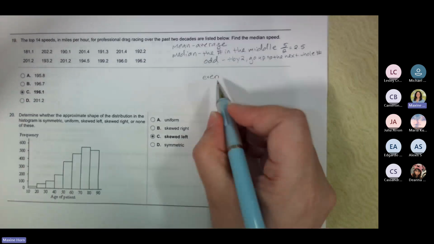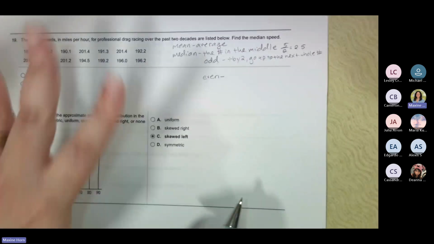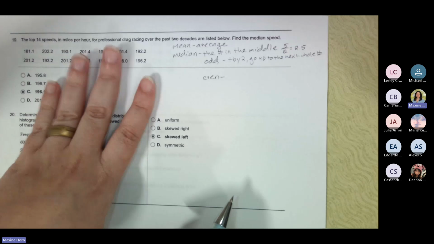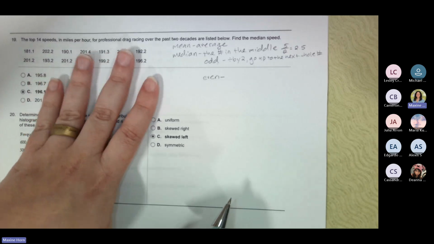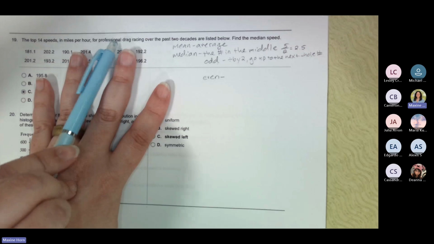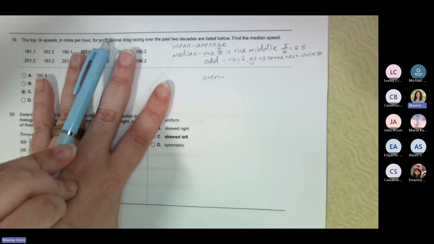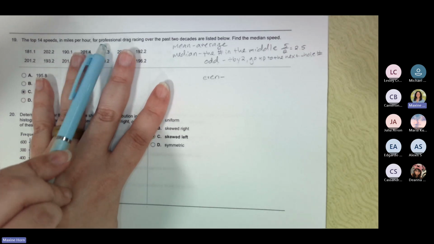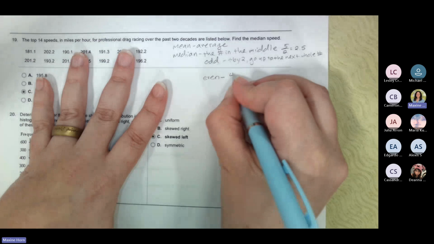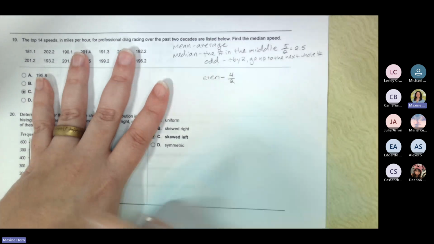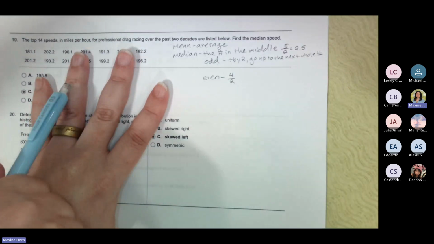We'll do an example in just a minute here. If you have an even number of terms, so let's say I have 4 fingers, what is the median of these? It's going to be right in between the second and the third fingers. How could I get there? If I took 4 and divided it by 2, that would get me 2.